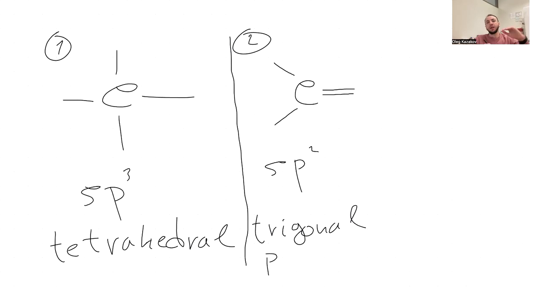It's like a plane, right? You can put this type of carbon in the plane of a sheet of paper, for example. Whereas this one is a 3D carbon. It is a tetrahedral shape, which you cannot just put on a plane table and make them merge, right? This is going to be a 3D shape. This is more like a 2D shape. So sp2, trigonal planar.